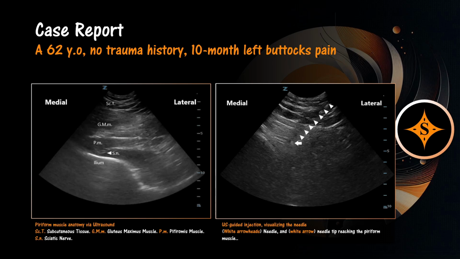On the right is the ultrasound visualization of the ultrasound-guided injection into the piriformis muscle, where the multiple arrowheads show the needle that goes into the piriformis muscle, and the white arrow points to the tip of the needle.